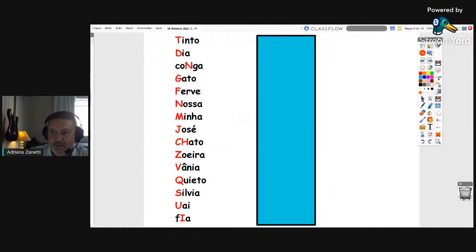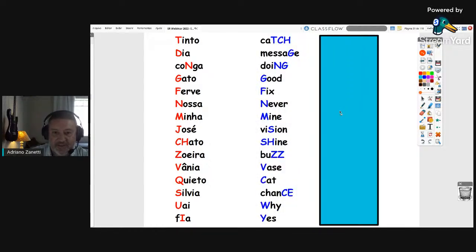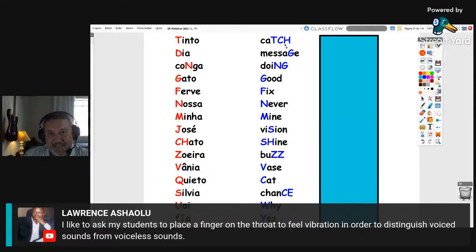And so, using my own language as examples of the sounds that you have in Portuguese: tinto, catch. So what am I doing here? I'm associating the sound in Portuguese, ch, with the spelling in English, catch. Dia, message.